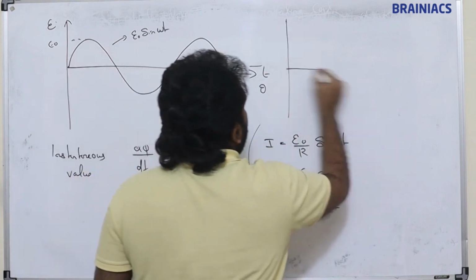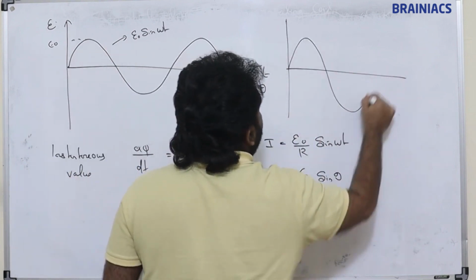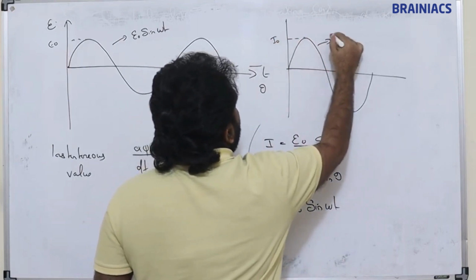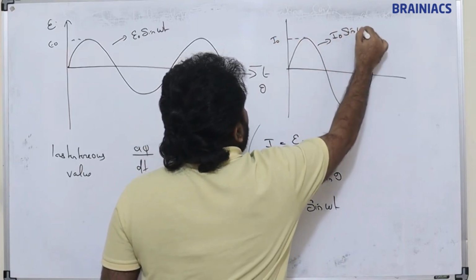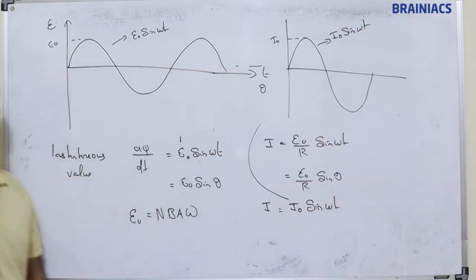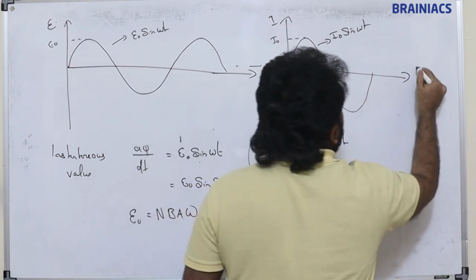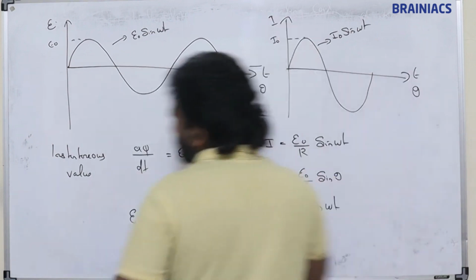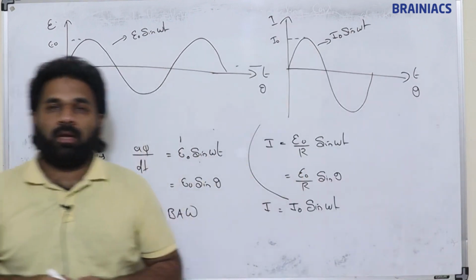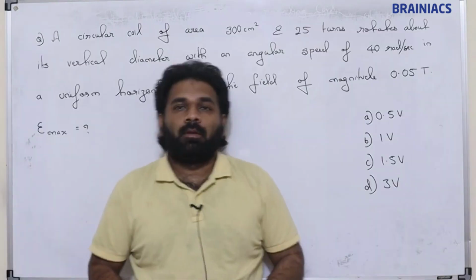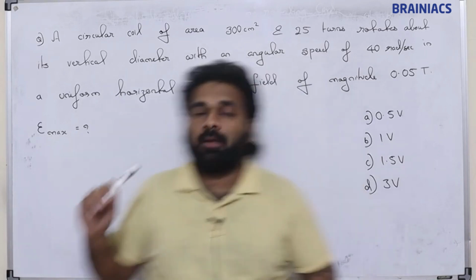Same way for I naught sine omega t, this will be I naught. This is the value of current, and this axis is time or theta. Both are fine, theta or time, omega t or time. Clear?